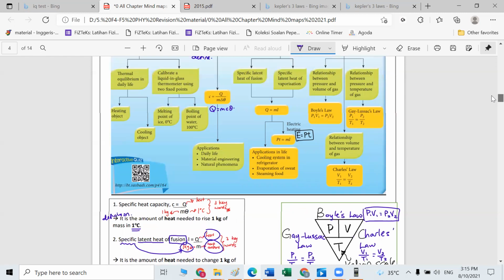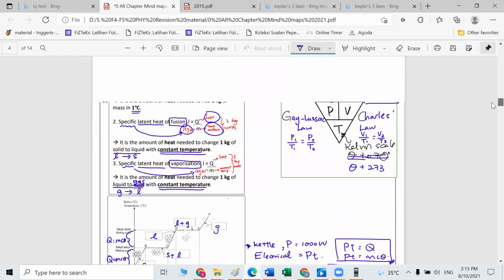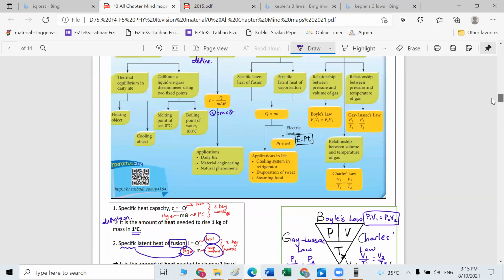Okay, so the whole chapter I feel is quite easy. Just the calibrated thermometer might be a little bit hard if you forget.